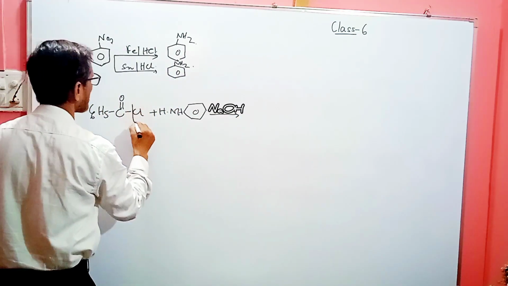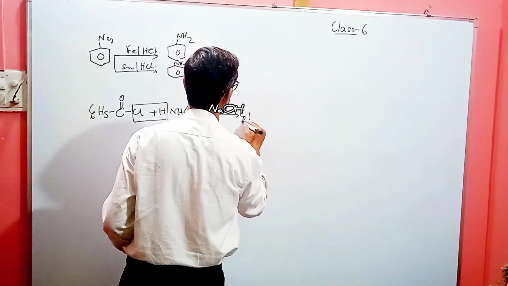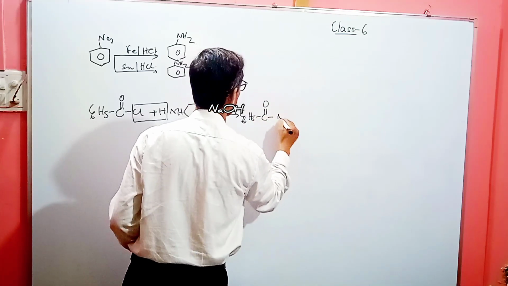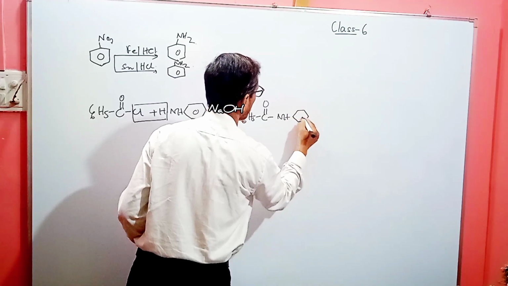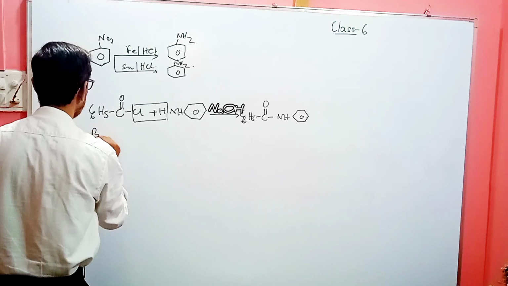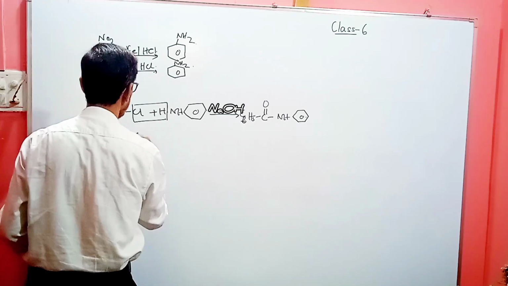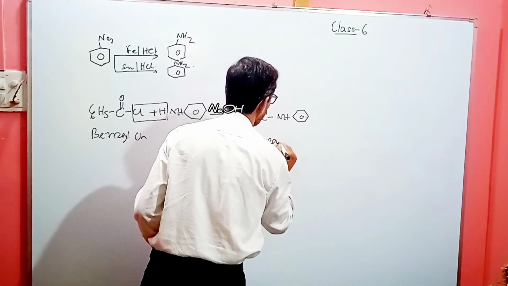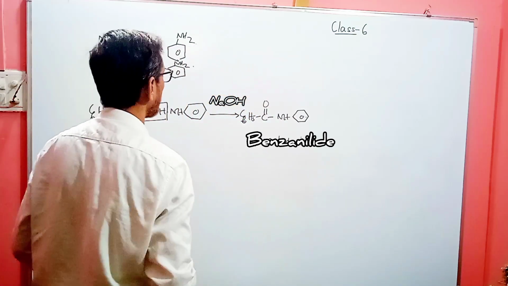The answer is C6H5CONHC6H5. This is benzoyl chloride, and this is benzanilide.